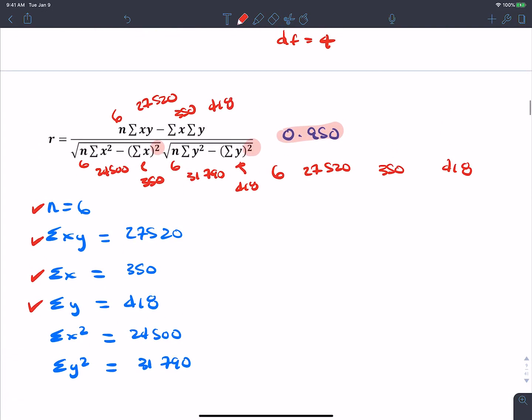All right, so we used all these values here. So let's see if we can write this down here. R is going to equal 6 times 27,520 minus 350 times 418. Now, be careful here.